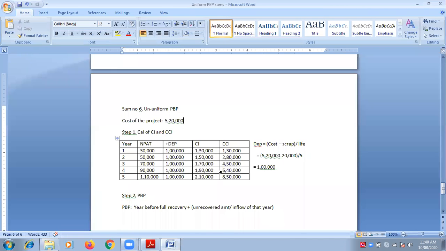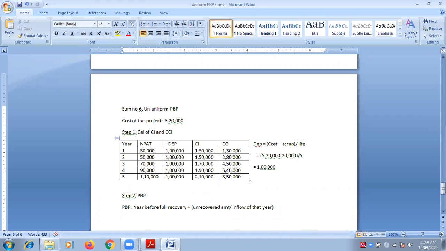Okay, when it is getting recovered, which year can you see that 5,20,000 is recovered? See, first year 1,30,000 is recovered. Up to second year 2,80,000 is recovered. Third year only 4,50,000 is recovered still. But in fourth year you have recovered 6,40,000. That means 5,20,000 is recovered.